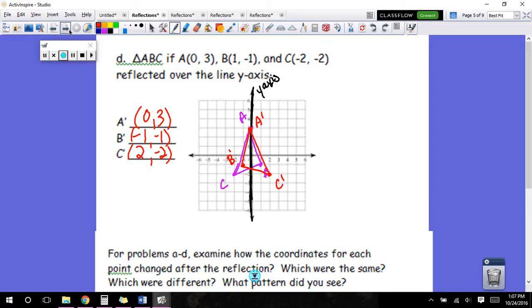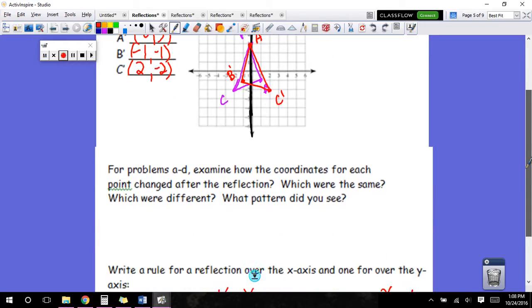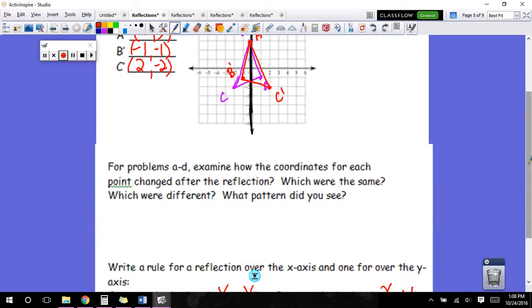Were you able to come up with a rule? The rules for flipping across the x-axis. I'm down here now, off to the right on your sheets. Write a rule for the reflection of the x-axis and one for the y-axis. Were you able to get the x-axis reflection?